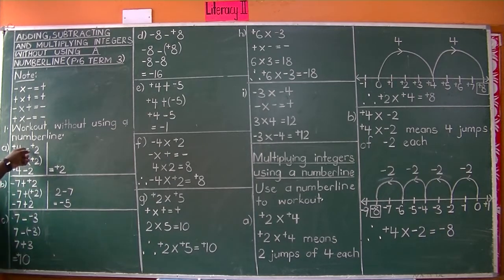Now we've got a minus and a positive here. So a minus will be taken like a negative, much as it is an operation. So we put this sign inside in brackets.